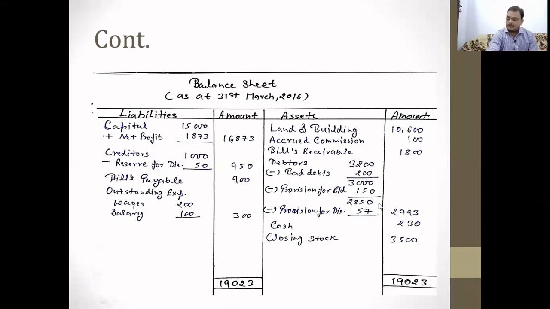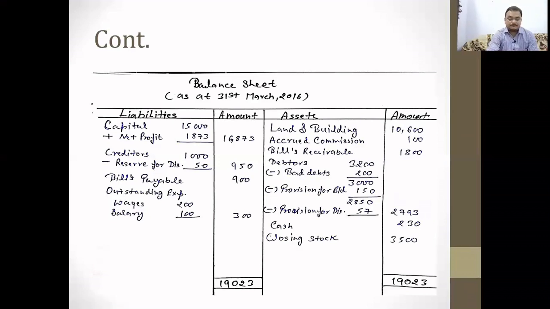Next, 2850 is the net amount. You have to charge 2%, that is discount on debtors, that is 57 rupees, and that 57 rupees is subtracted from 2850, that is net debtor, and after that you find a net debtor amount, that is 2793 rupees, I am very sorry.